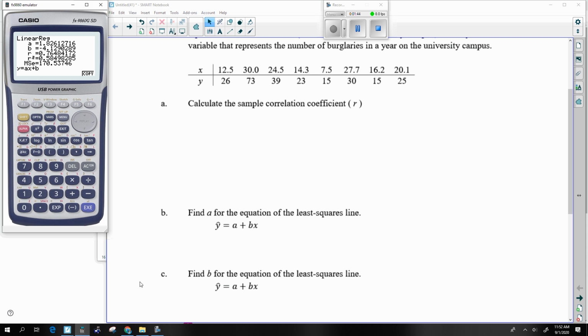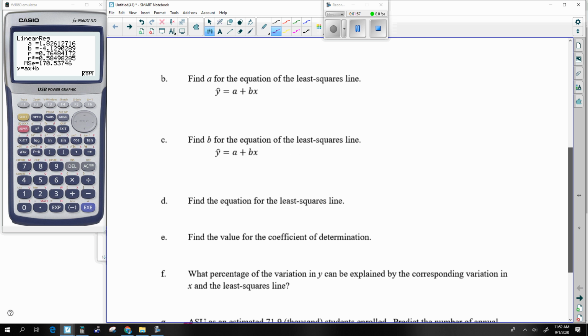All right, so making my adjustments, I see that my R is 0.7648. A is, again, that's my B, but your A should be negative 4.1290.